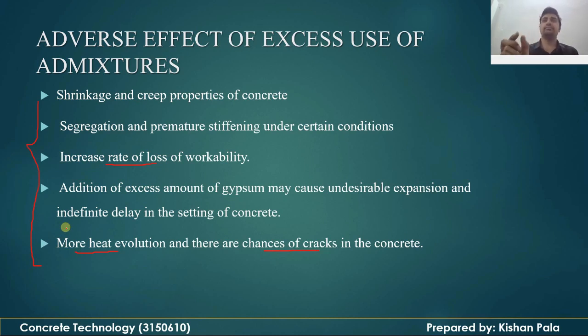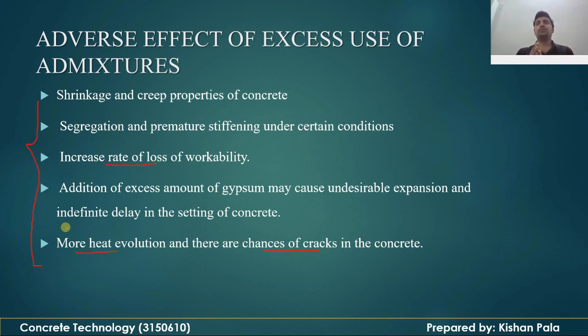So in that case you have to find out the particular doses at your existing site, for your existing material, for your existing brand, for the particular super plasticizer or plasticizer you are using for the concrete mass.